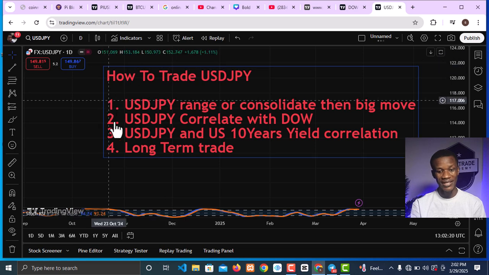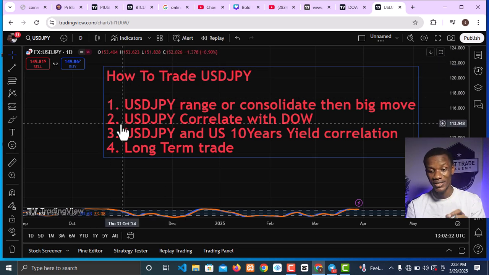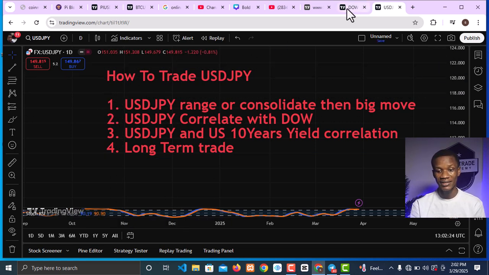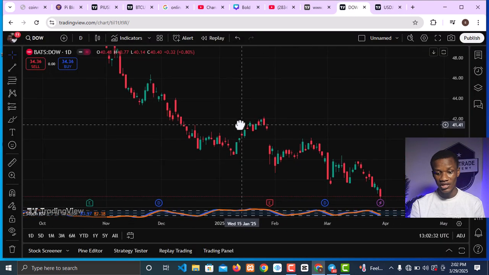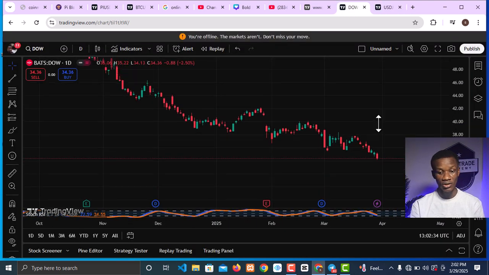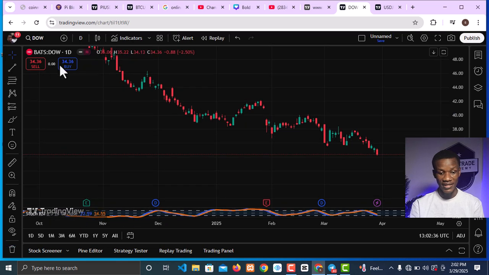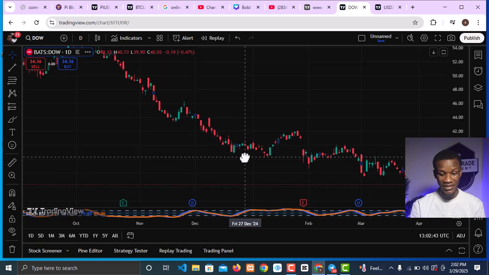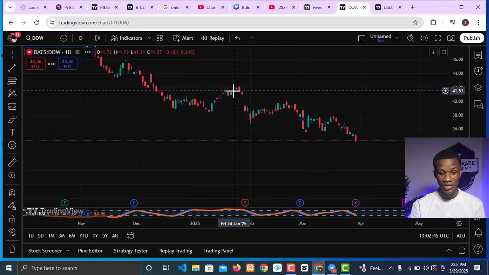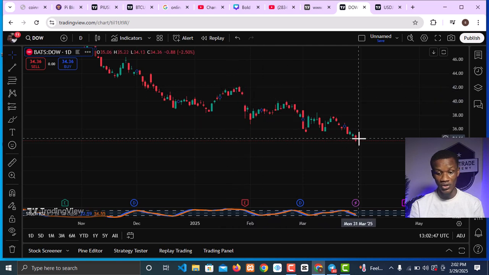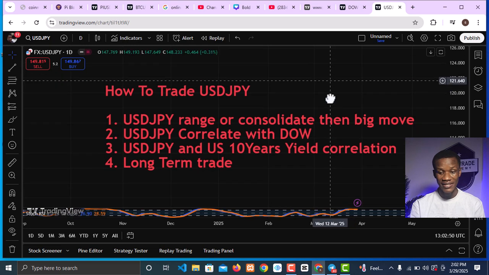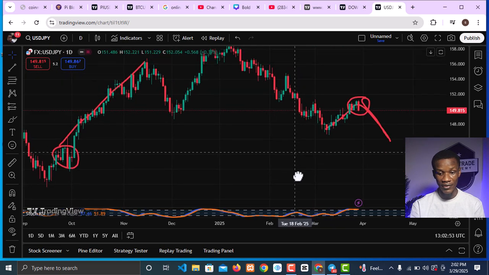The next one is USDJPY correlates with the Dow. If you take a look at the Dow chart, you discover that the USDJPY has a great correlation with the Dow chart. Look at the Dow chart here. Market has been coming all the way to the downside, especially this very year since January 2025 right here. Market has been coming all the way to the downside, and the same thing we see on USDJPY since January around this very area.